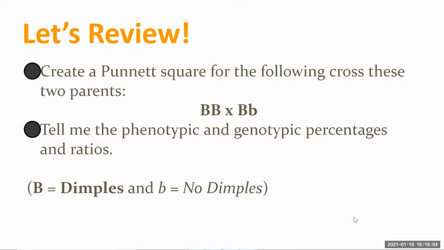In this review, we're going to create a Punnett square crossing these two parents, just meaning that these are the two parents that are going to combine and make babies. And we're going to work through and figure out the phenotypic and genotypic percentages and ratios that we see in this cross, this Punnett square.